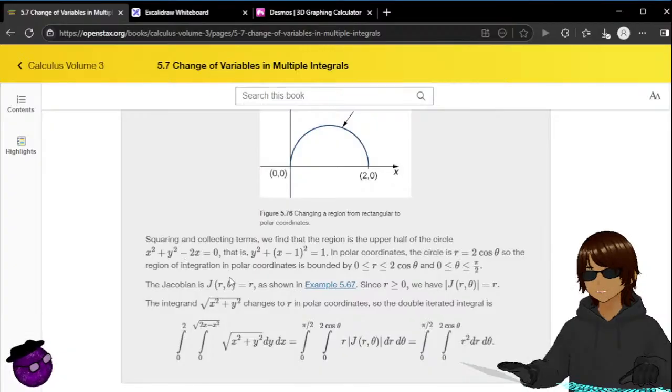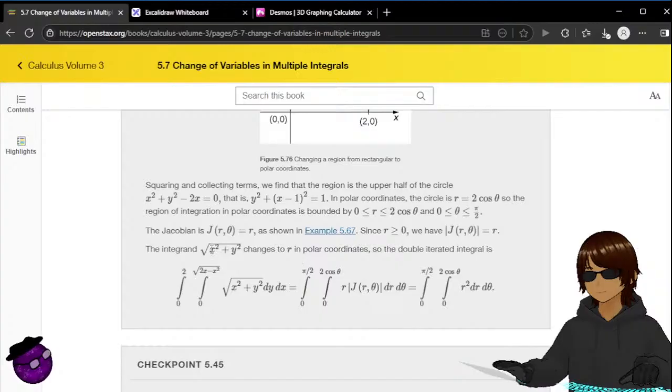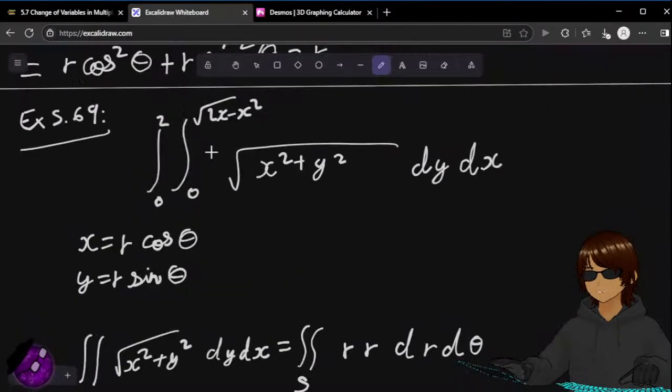So the region of integration in polar coordinates is theta between 0 and pi over 2, r between 0 and 2 cos theta. But how do we get this algebraically?